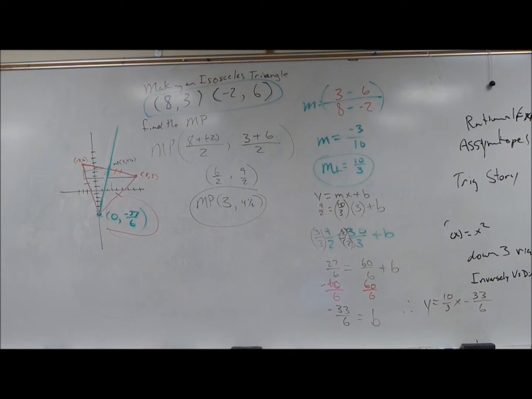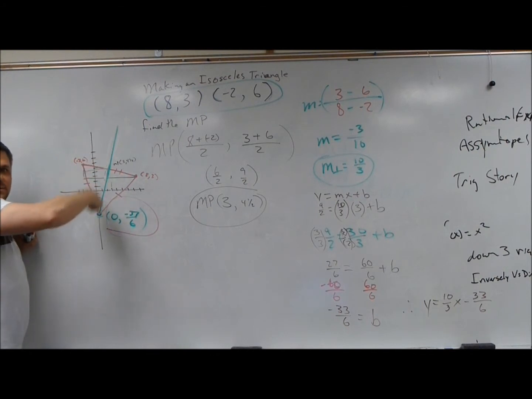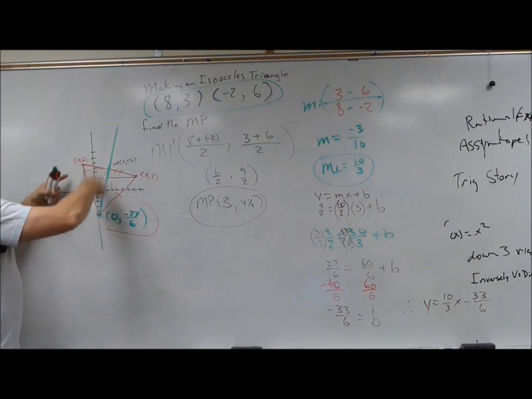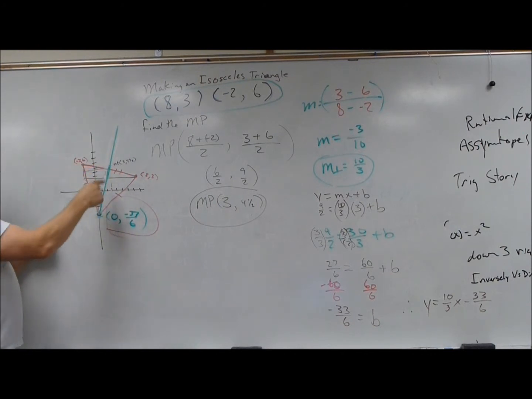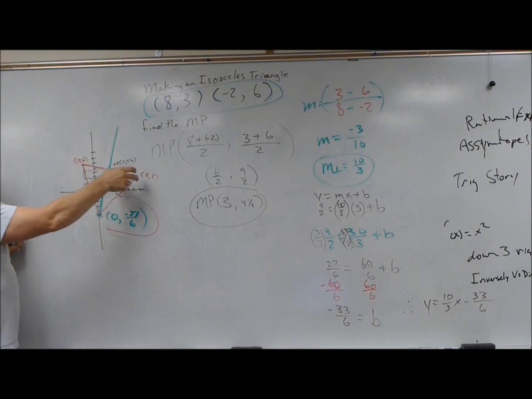Later, or actually right now, you should be able to do an equilateral triangle, but that takes into effect that you know the distance here, so you can figure out the distance here with that distance formula we talked about in the first chapter. So once I know this distance, I know this distance. Or I could just find this distance using the distance formula, right? This and MP. You find that distance, you times it by 2, right?